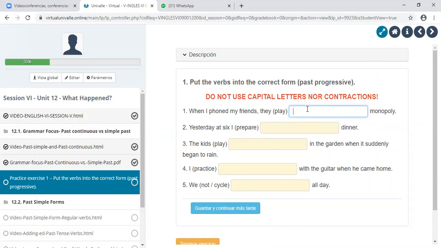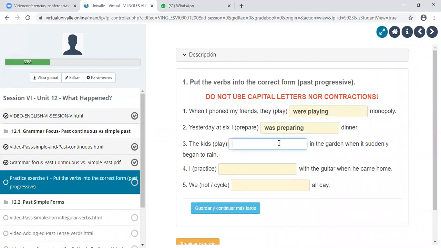When I found my friends, they were playing. Okay, sorry. They were playing. Number 2. Yesterday at 6, I was preparing.